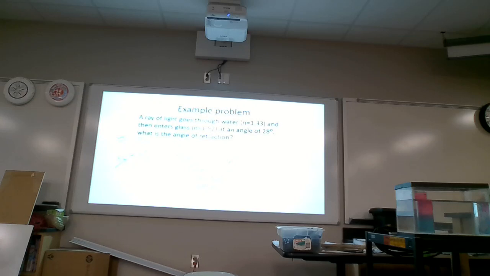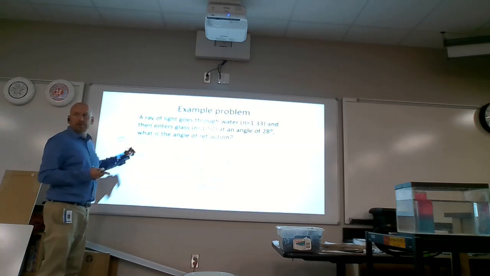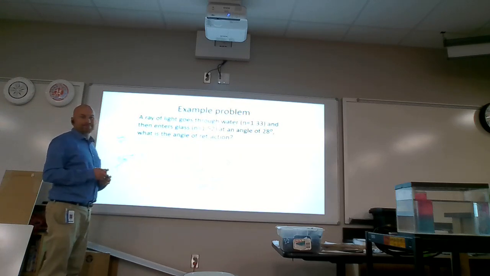So we got 24 degrees. Does that match with what we thought was going to happen? Is theta 2 going to be more or less than 28? It better be less because we said it bent towards the normal line. So if you get something different, either you remembered something wrong or you did some wrong math.